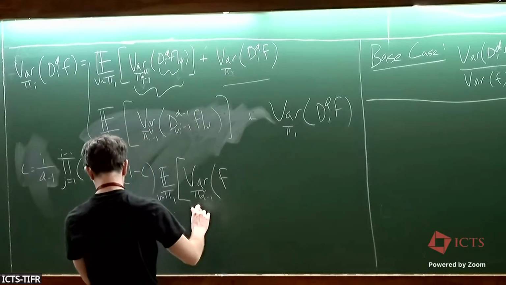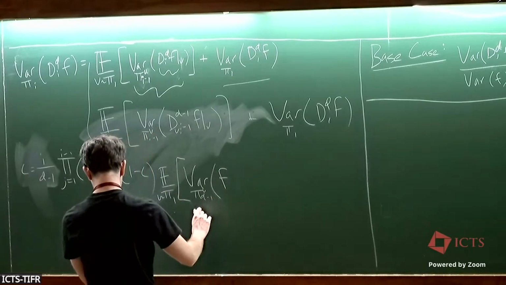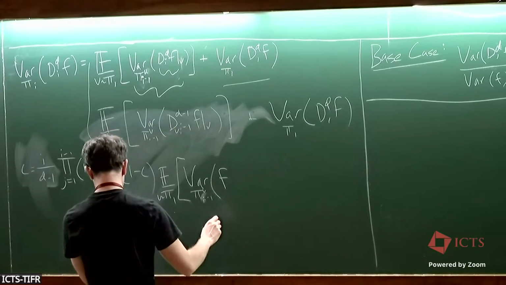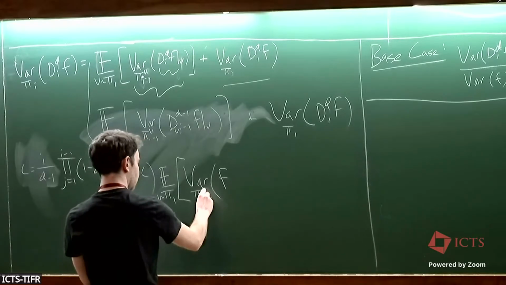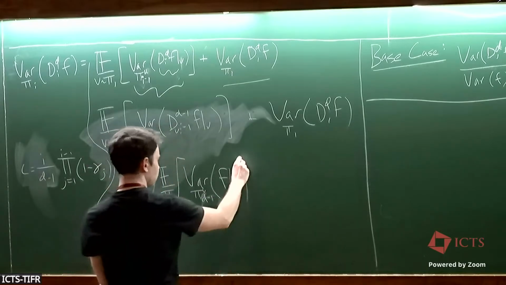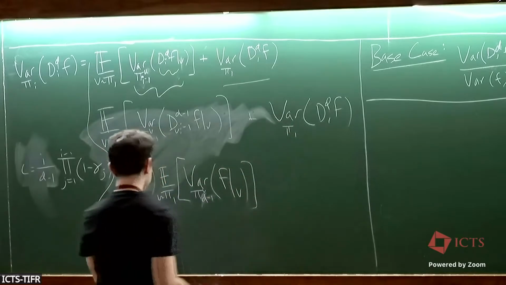Sorry, should this be I minus 1? No, apologies, d minus 1 of f restricted to v, plus again this variance term.